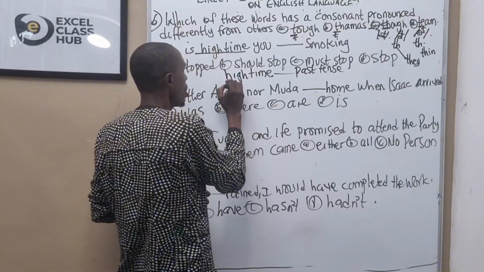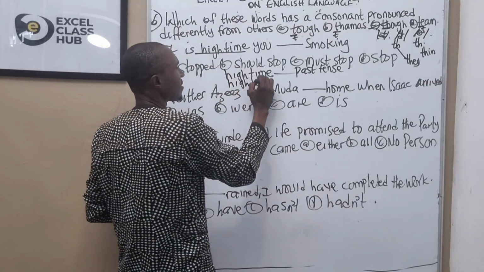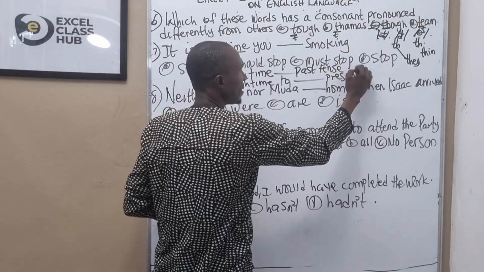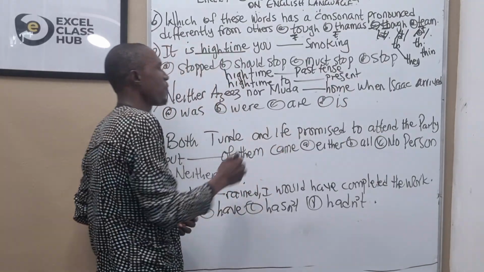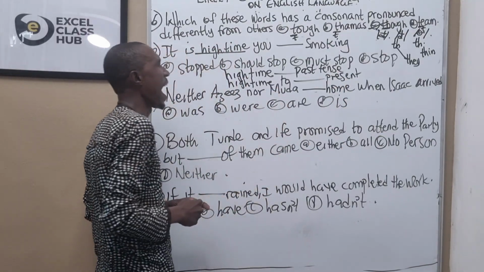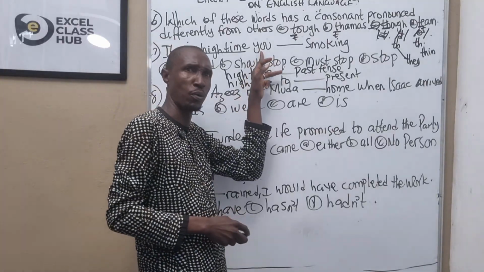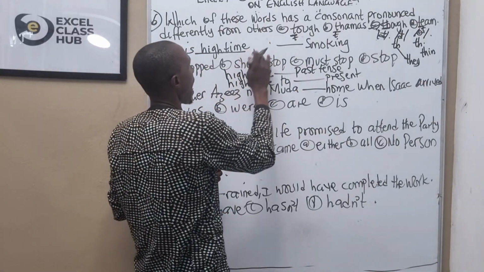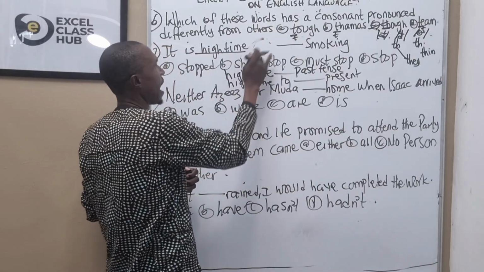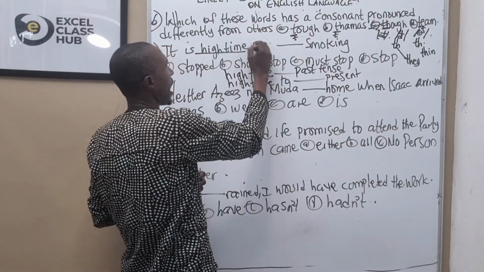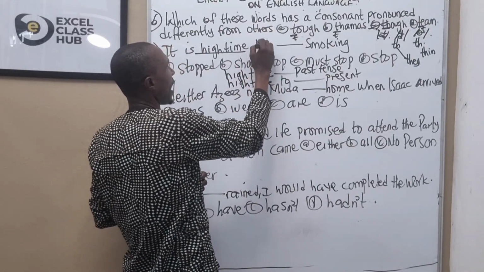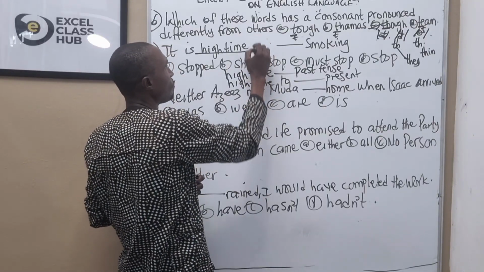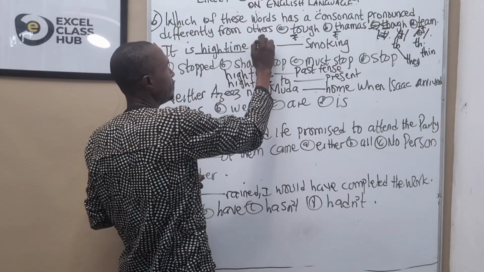Please take note of that. We have high time to. It goes with present tense. But if what you have are all subject pronouns, it is high time I, it is high time you, it is high time she, it is high time he, it is high time it, it is high time we, it is high time they.